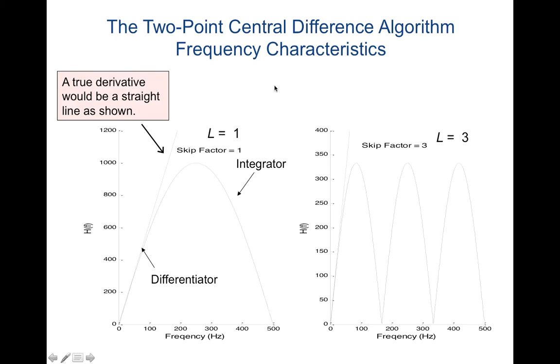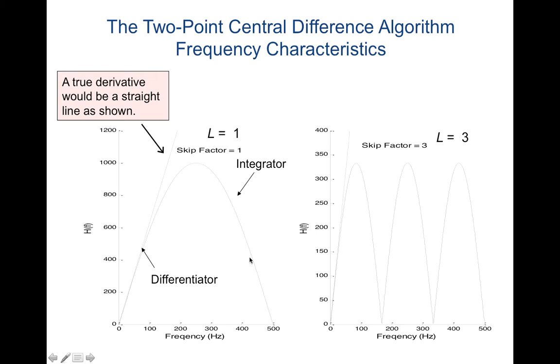Shown here in the figure is this positive slope straight line, which is what would happen if we took a true derivative. A true derivative has just a straight line slope in the frequency domain. Notice that at low frequencies, when we do the two-point central difference algorithm, we have the differentiator. At medium frequencies, the behavior begins to change, and then at higher frequencies, we have an integrator.